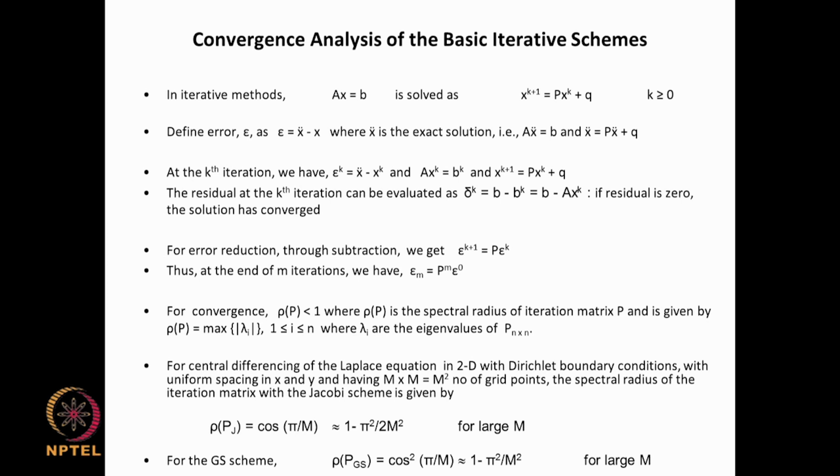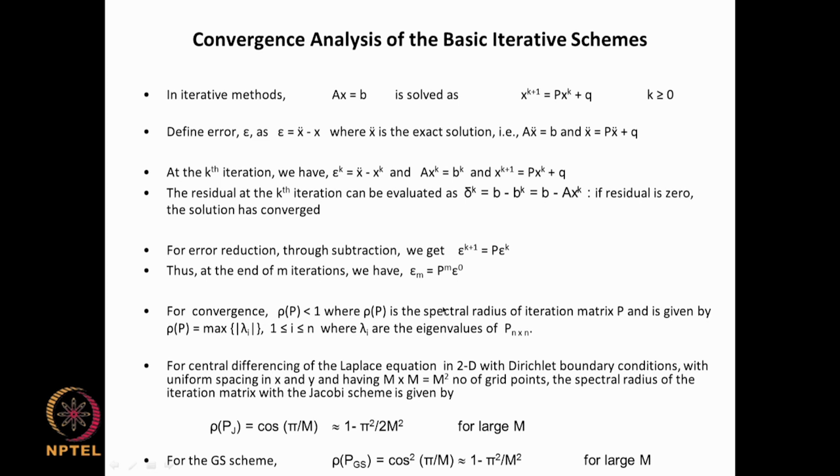So it is gradually decreasing. So at the end of m iterations, the error at m, this should have been a superscript, is p raised to the power m times error at 0. So if p is less than 1 in magnitude, the error is decreasing at a rate which is a function of the magnitude of p.